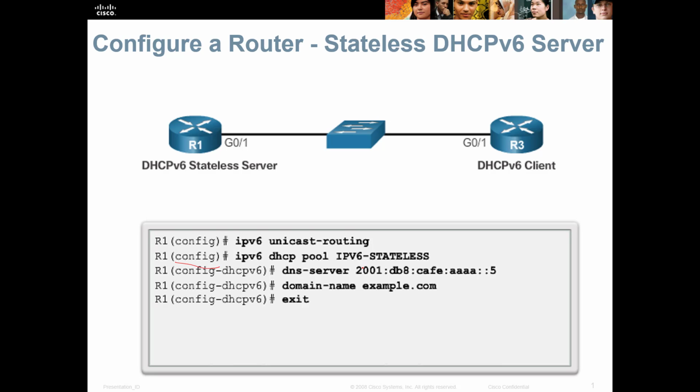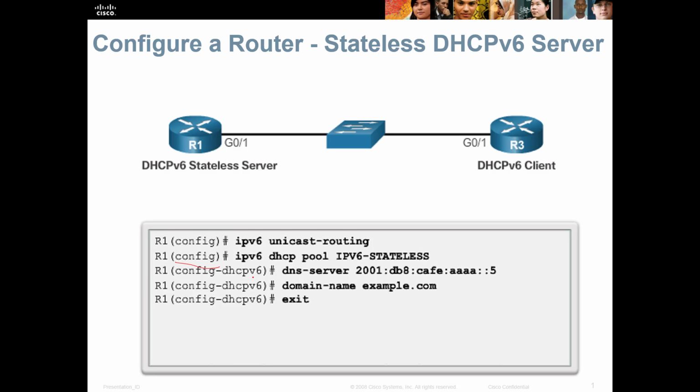Then there's a sequence of commands. What that does is it takes us to the DHCPv6 area of the router hierarchy. And it says, I'm going to configure this. I'm at that point in the operating system.